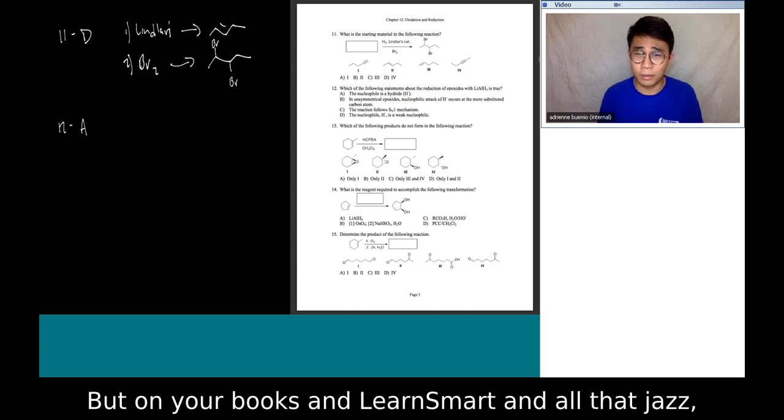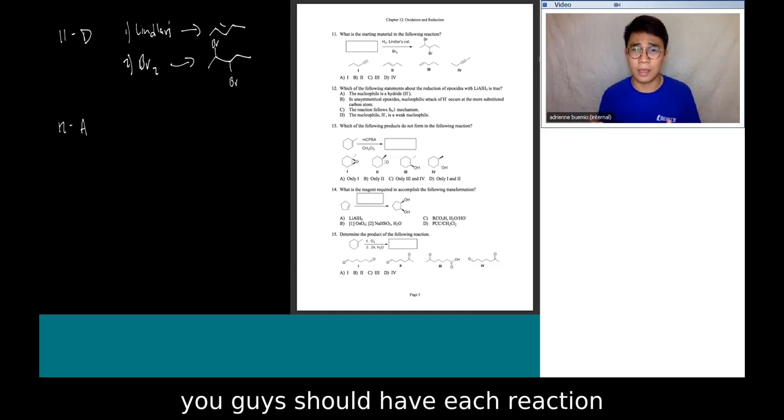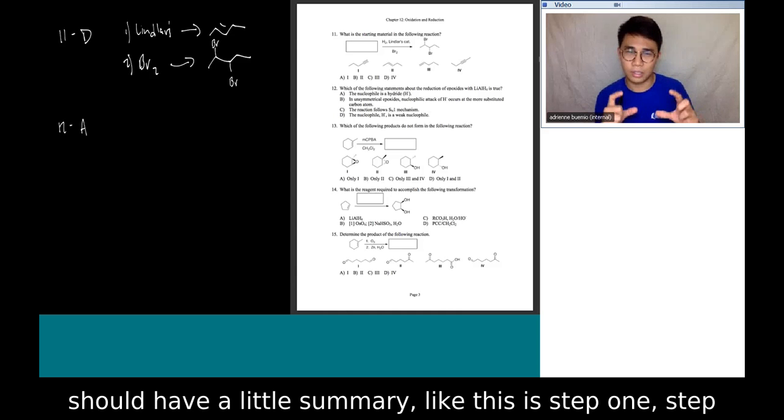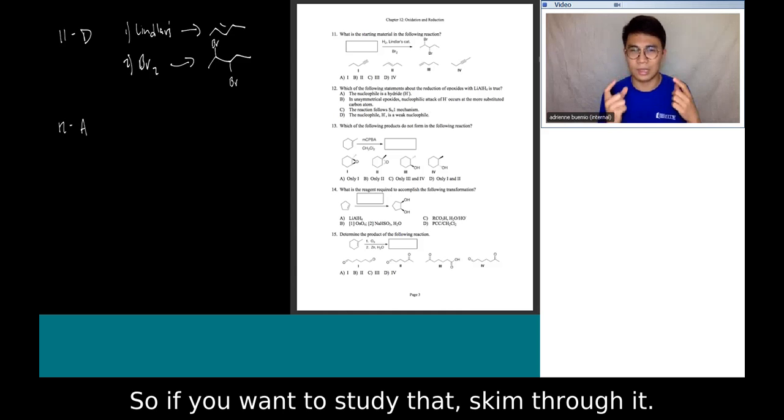You either know it or you don't, but in your books and Learn Smart and all that jazz, each reaction should have a little summary, like, oh, this is step one, step two, things like that. So if you want to study that, skim through it.